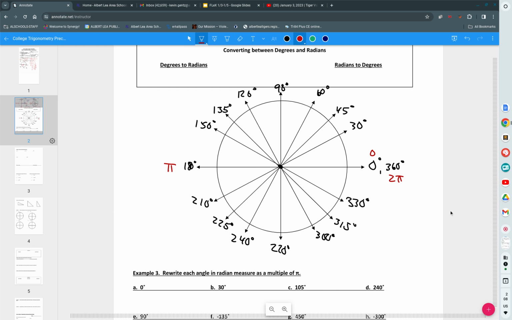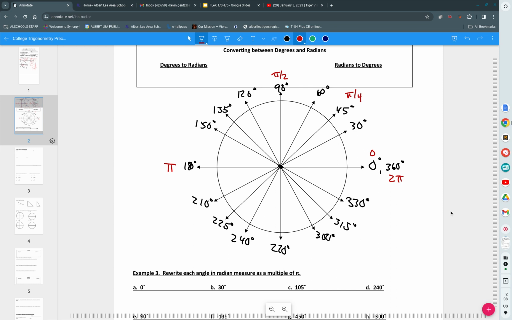If 180 is pi, then what would 90 be? Half pi, which we write as pi over 2. If 90 is pi over 2, what would 45 be? Pi over 4. If 180 is pi, what would 60 be?